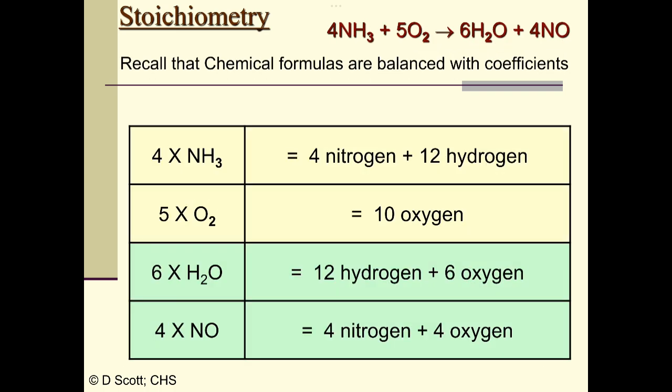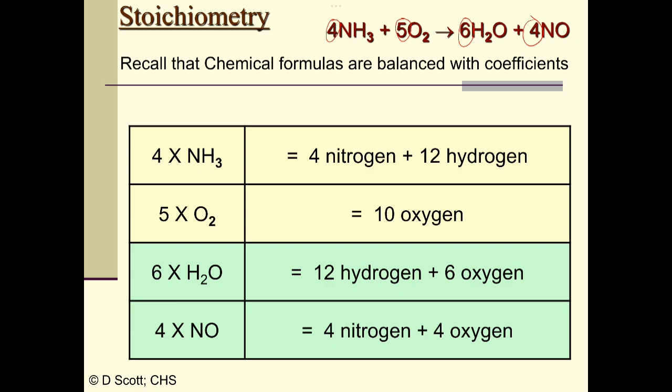Now, another thing here is you can see we have a coefficient. We call this moles. So these chemical formulas are balanced with coefficients. When you have this kind of coefficient, we multiply.